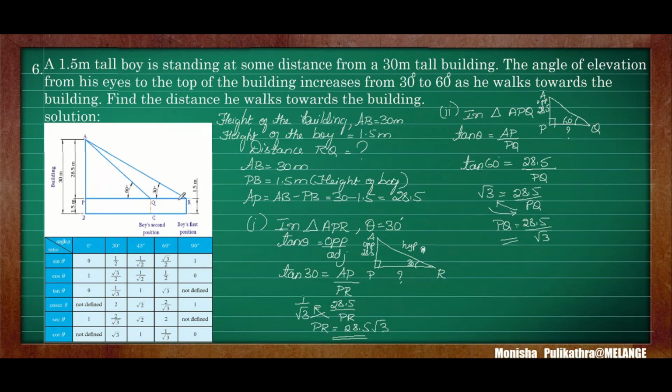But we need the value for QR. We know that PQ plus QR is equal to PR, but we want the value for QR. So we need to subtract: PR minus PQ. So QR is equal to the PR value, 28.5 root 3, minus the PQ value, 28.5 divided by root 3.